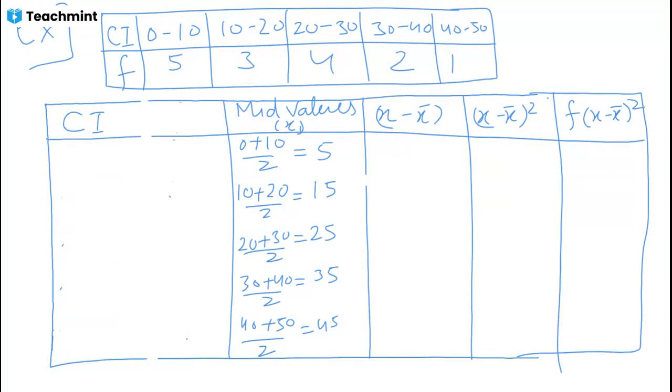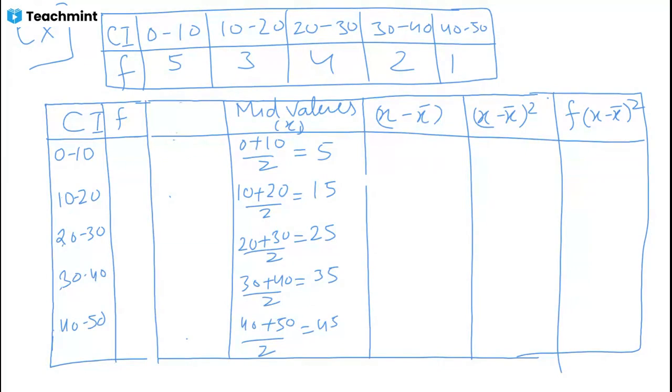I'll write a little bit small. So we have 0 to 10, 10 to 20, 20 to 30, 30 to 40, and 40 to 50. And we have corresponding f here, and then we'll find f into x here.